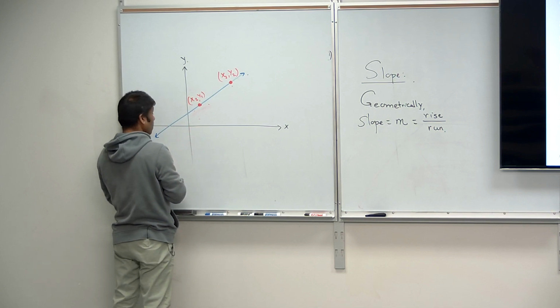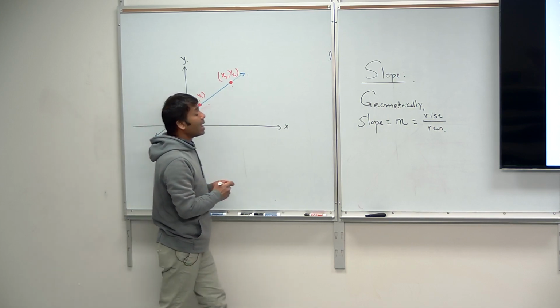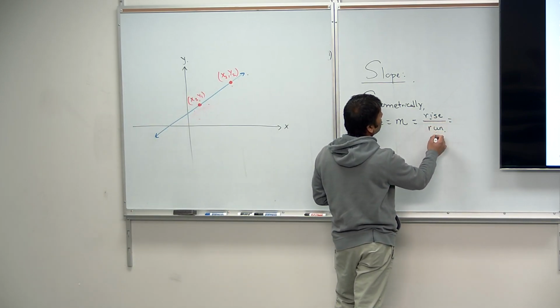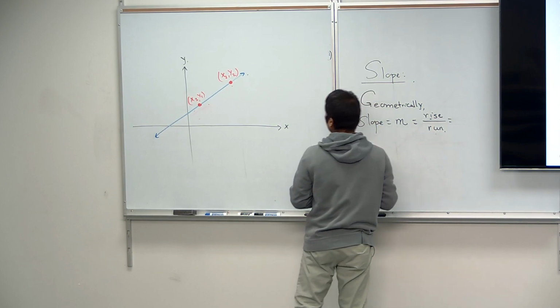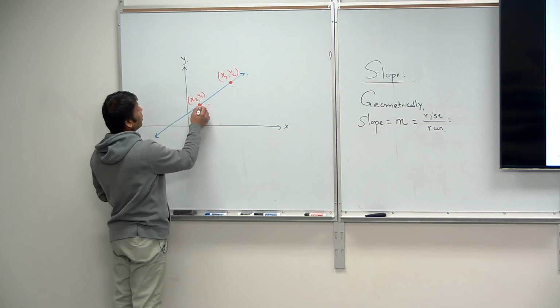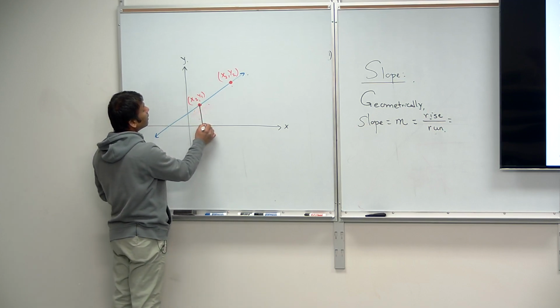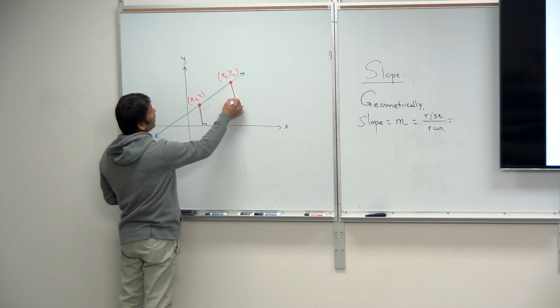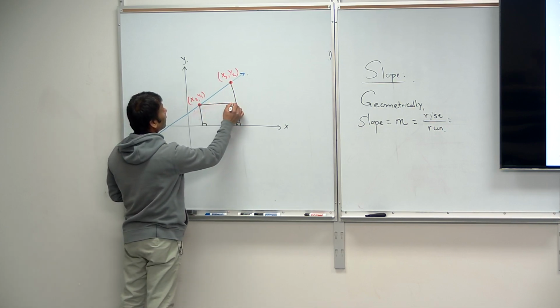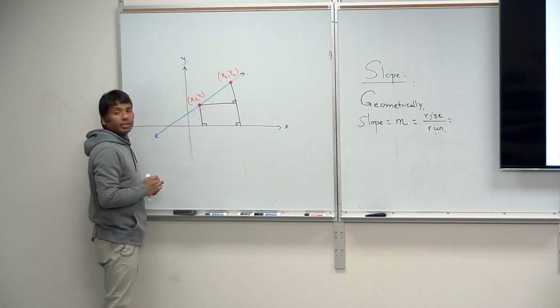Because slope is rise over run, and the rise is the change in vertical distance, and this is the change in horizontal distance. Look here. So you draw the perpendicular here, here, and here, okay? We did that. This is geometric, okay?